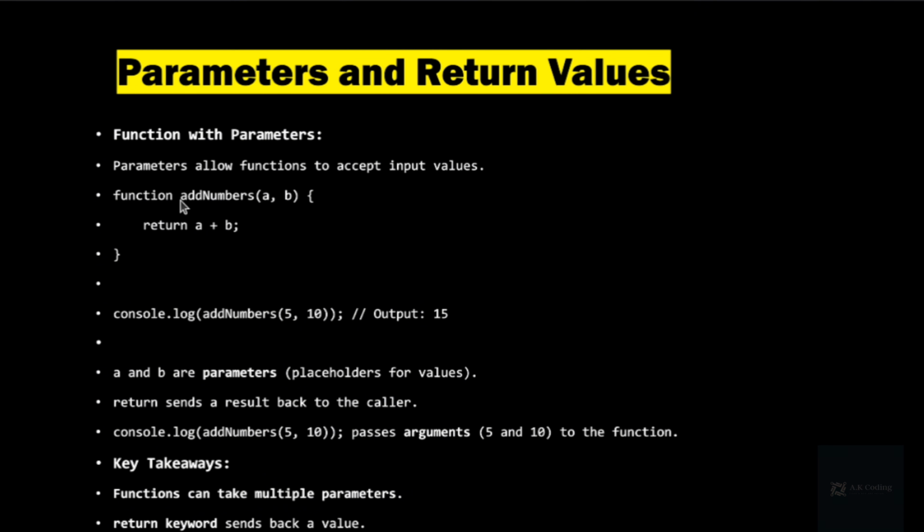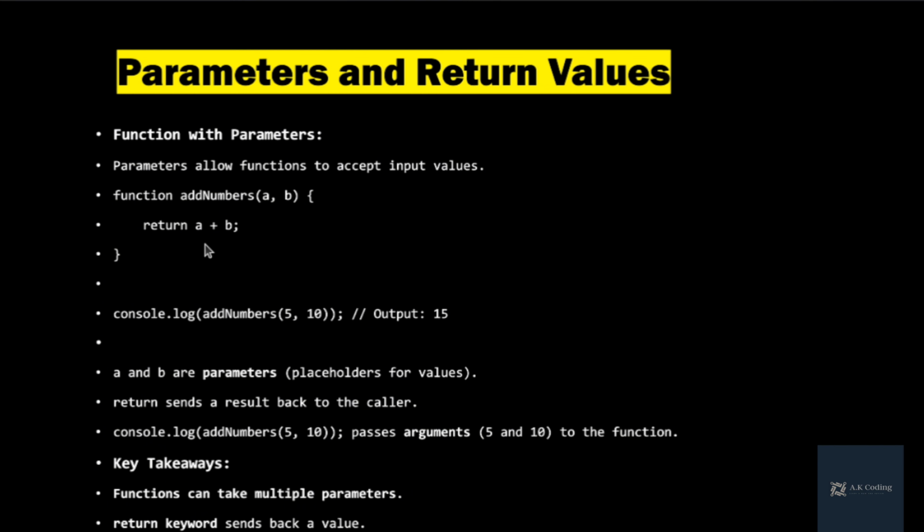a traditional function, which is the simple function in JavaScript. As you can see, we are writing the keyword called function, and we are giving a name for the function, for example, addNumbers. Inside the simple brackets there are a and b, and these a and b are called parameters.